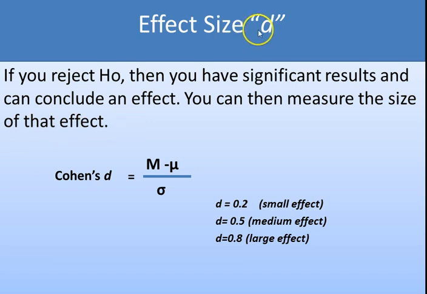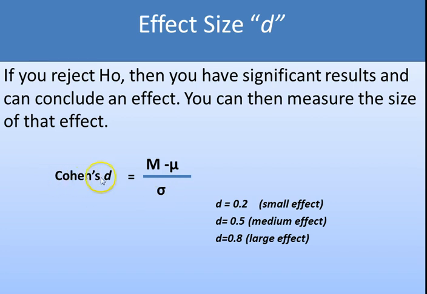And so effect size, the statistical symbol is the lowercase d, and you can calculate the size of your effect by calculating Cohen's d, which can be done by subtracting the sample mean from the population mean and dividing by the standard deviation.